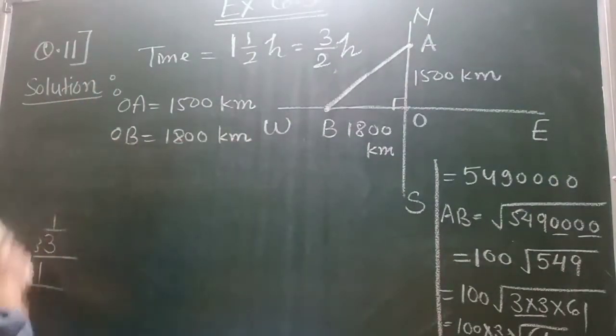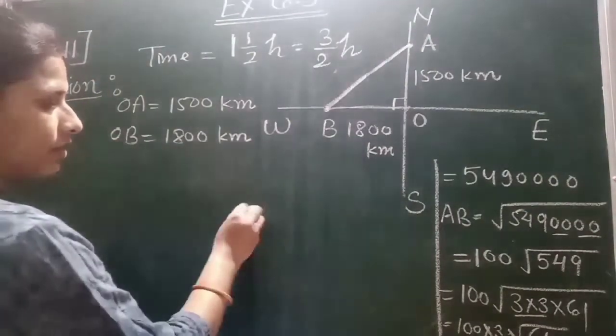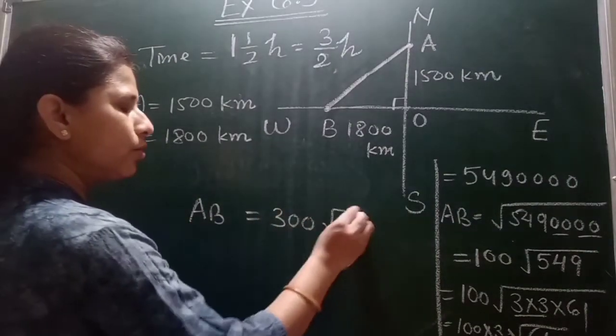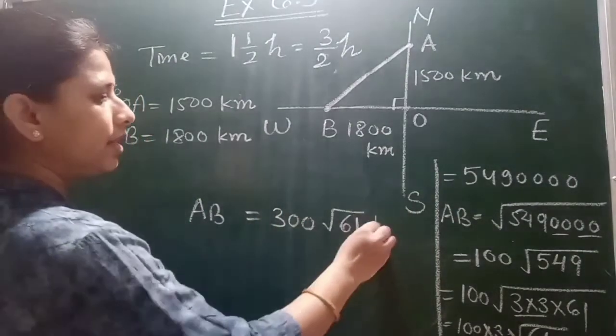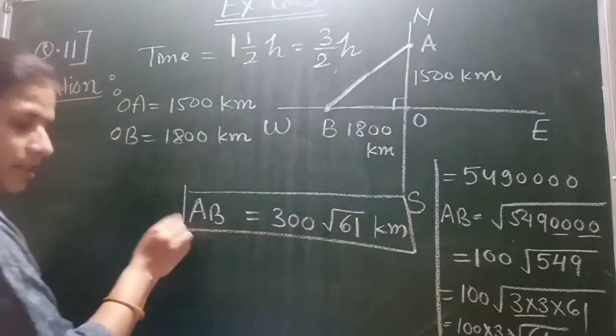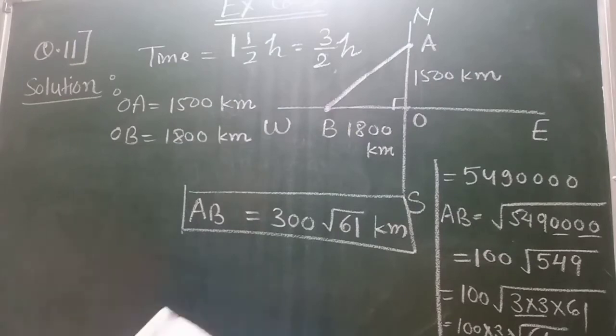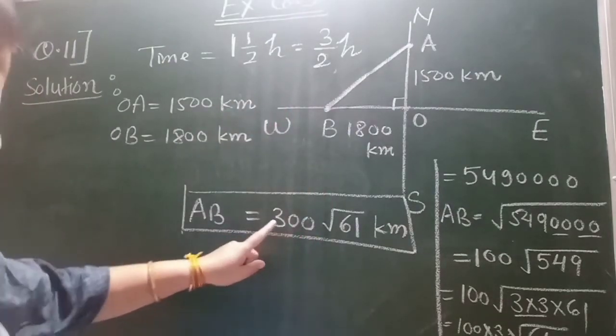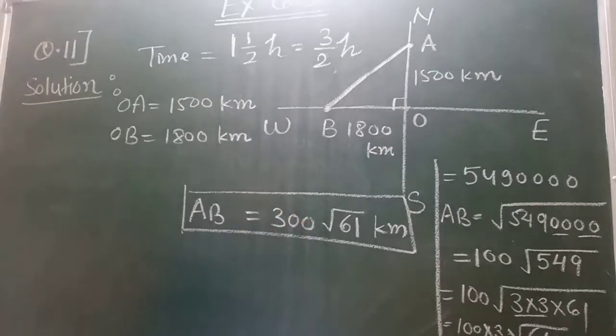We will get AB equals to 300 root 61 kilometer. So the distance between first and second aeroplane after 1.5 hours will be 300 root 61 kilometer.